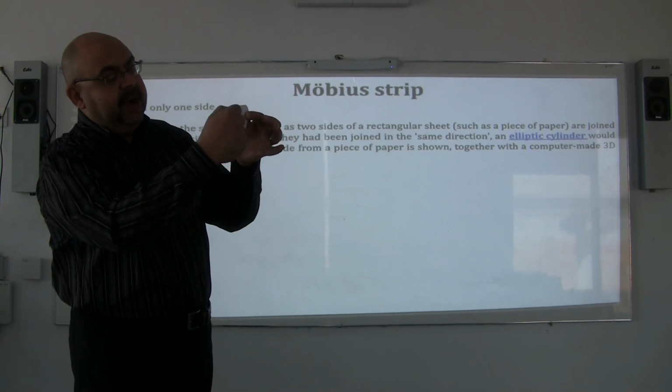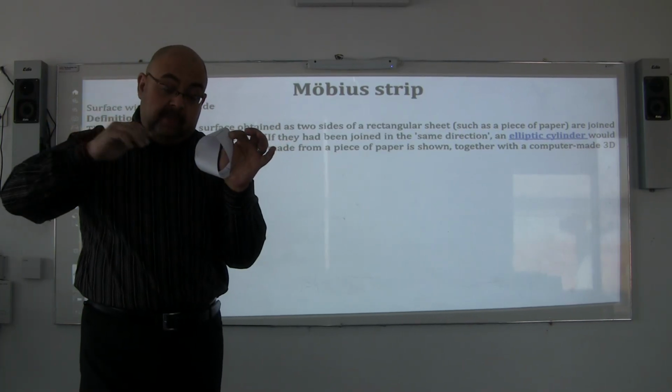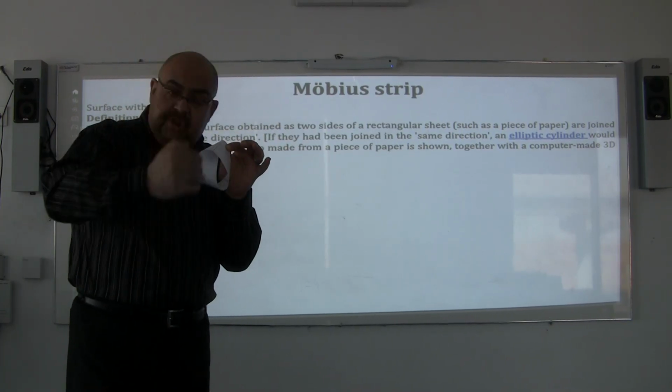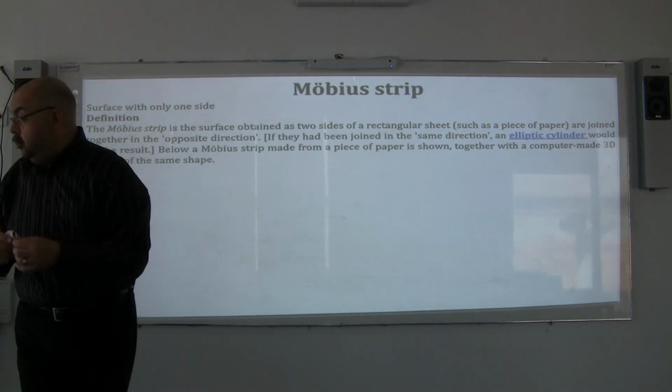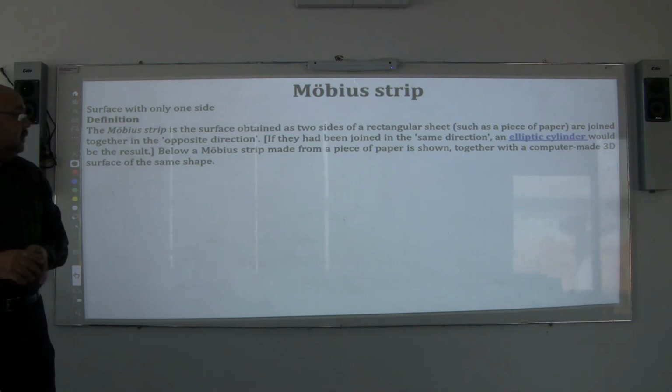If you move around this belt, you will be moving from the inside to the outside regularly, and you won't know the difference. And this is going to affect the normal vector, as you will see.